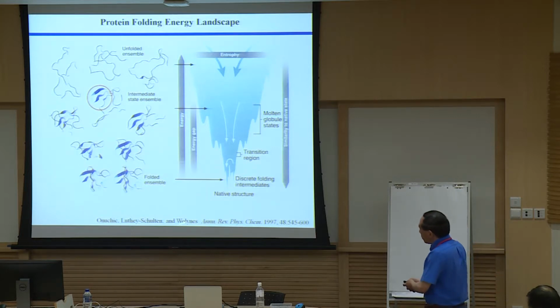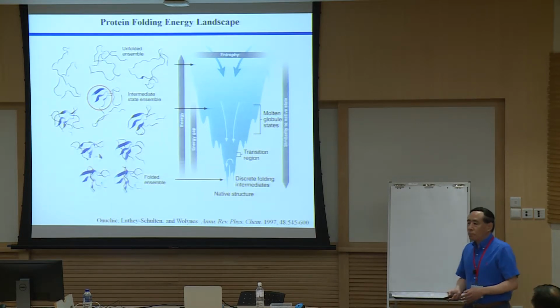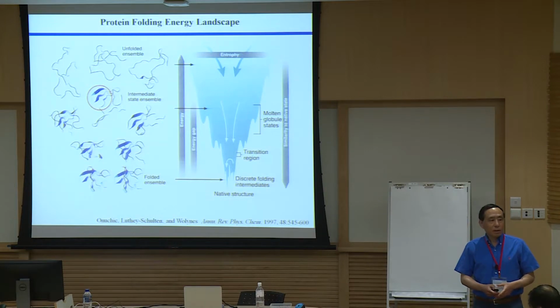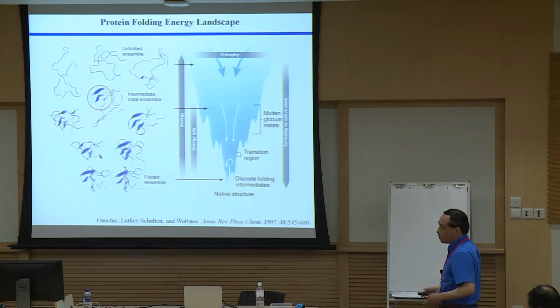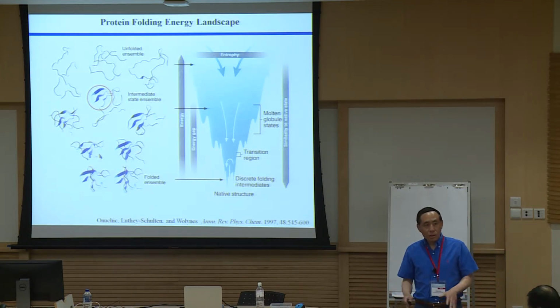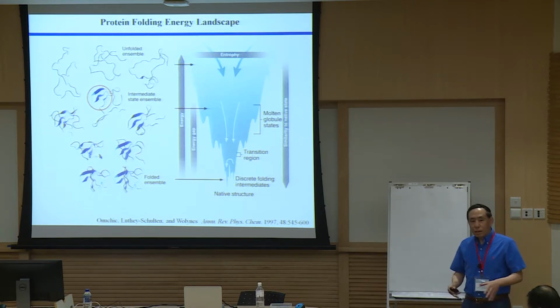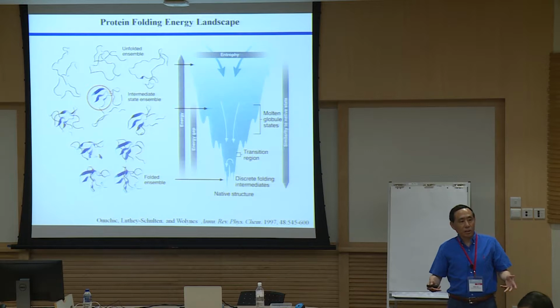Theorists have come up with this great idea describing the underlying driving force and the mechanism of protein folding. Basically, the idea is that evolution has made the energy landscape of protein folding biased toward the native state.